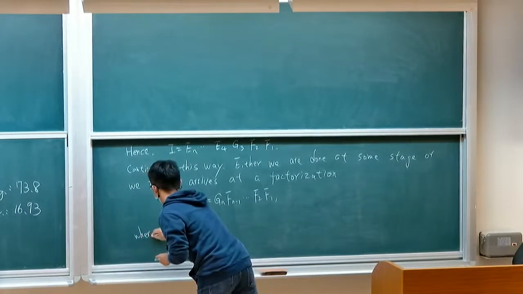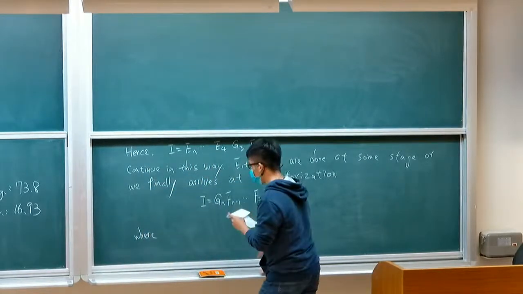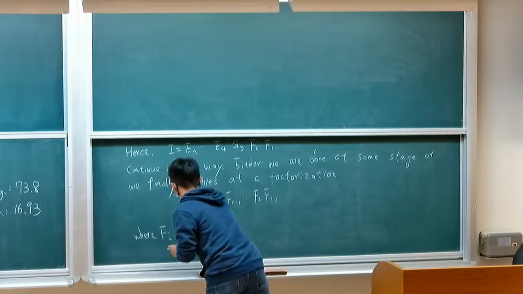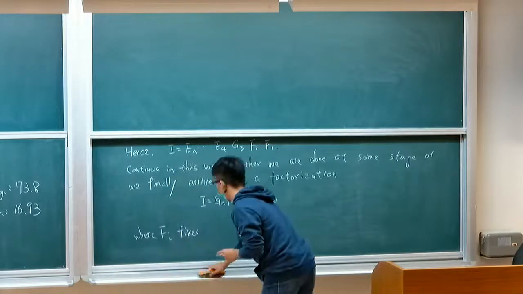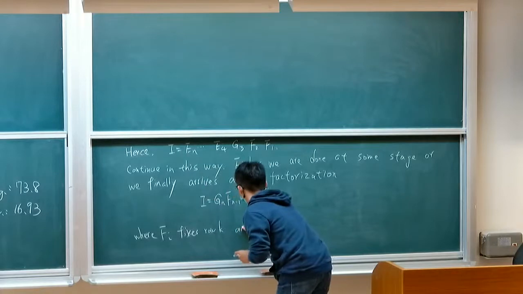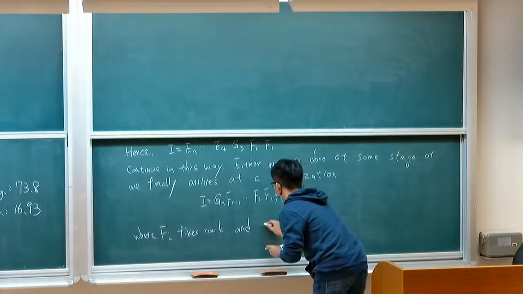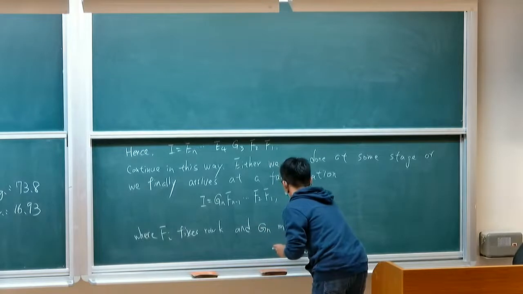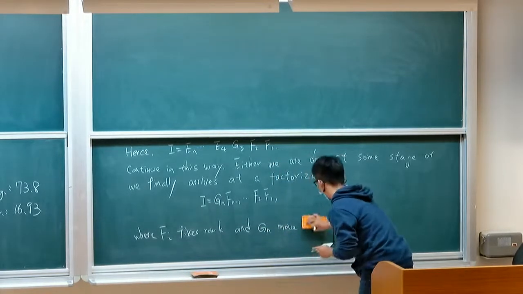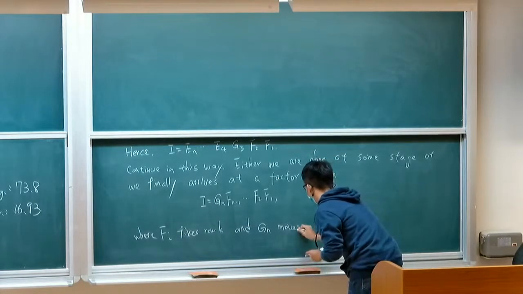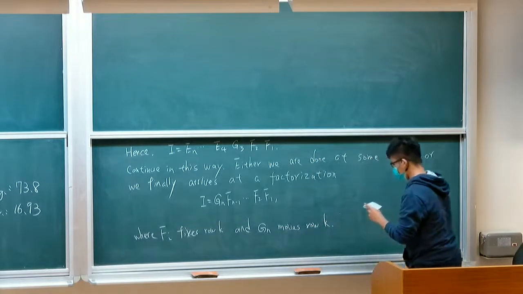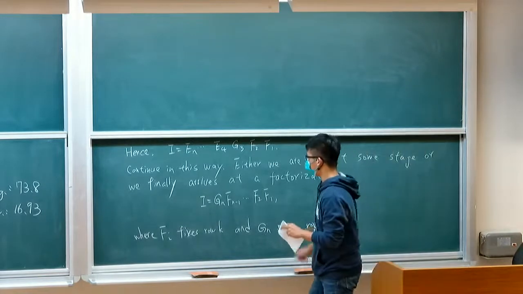where F1 to Fn fixes row K, and Gn moves row K. But this is impossible since this is the identity.